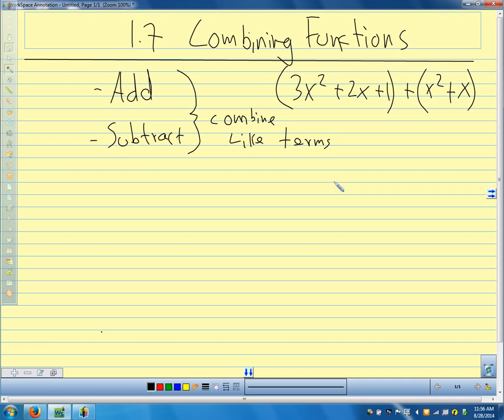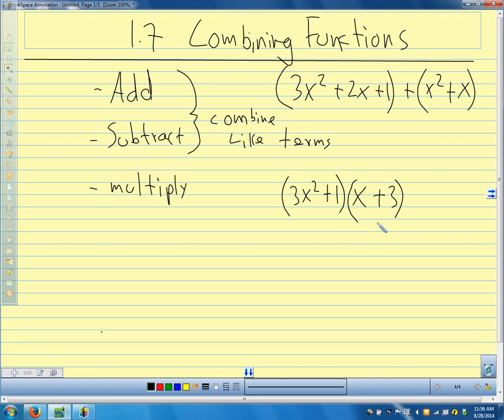Now we're going to move up, make it a little more difficult. What's the next most difficult arithmetic operation we could do? Multiply. So we can multiply functions. And that would be something like 3x squared plus 1 times x plus 3.